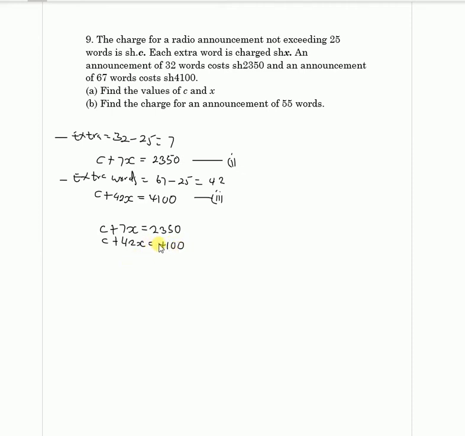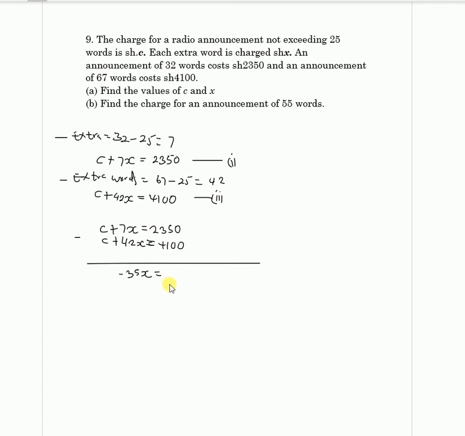We shall subtract the two. This minus that is 0. This minus that, we get negative 35x.